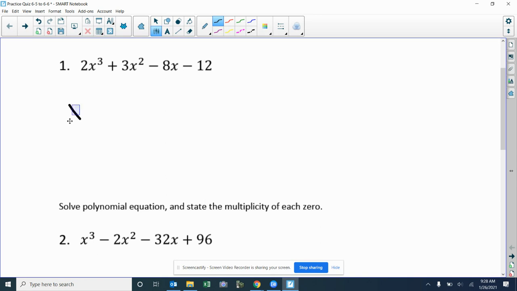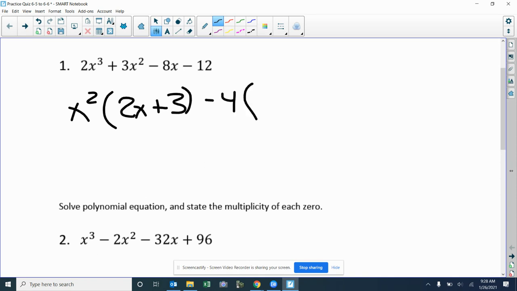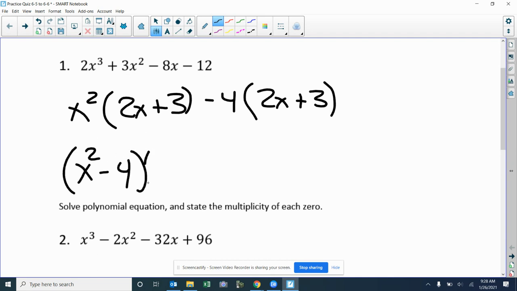Take out x squared. It's getting even worse now. Leave me with 2x plus 3. Take out -4. Gonna leave us with 2x plus 3. Rewrite x squared minus 4 and 2x plus 3.